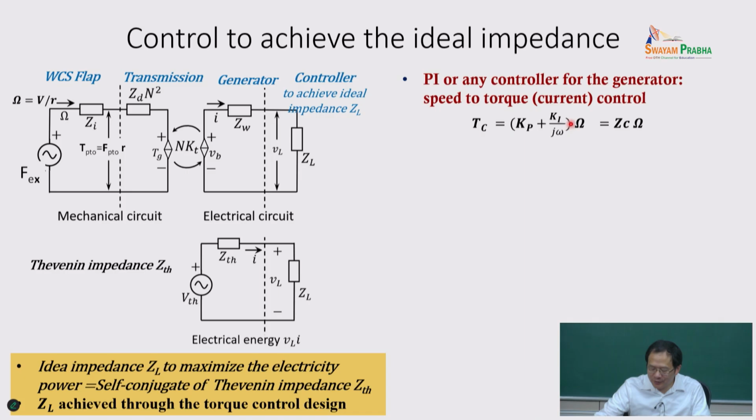So this is the damping term, this is the stiffness term. I say again, that is torque, that is velocity, and velocity times the gain corresponds to damping. Velocity divided by s, 1 over j omega, gives displacement, and displacement times the gain is stiffness. So Kp corresponds to damping, Ki corresponds to spring.